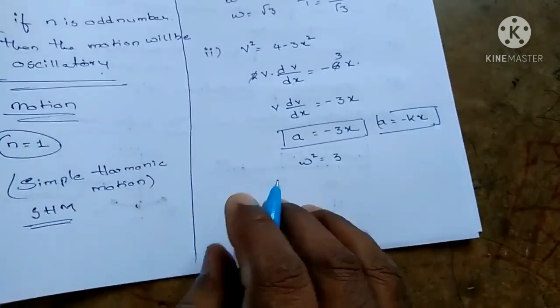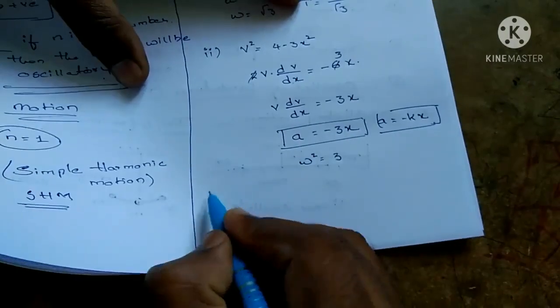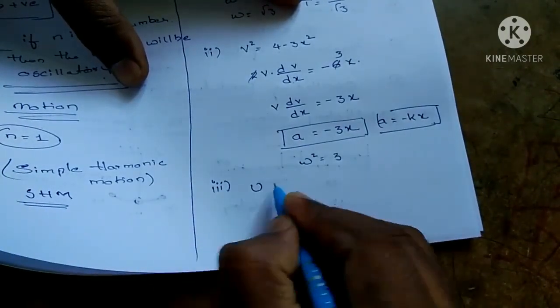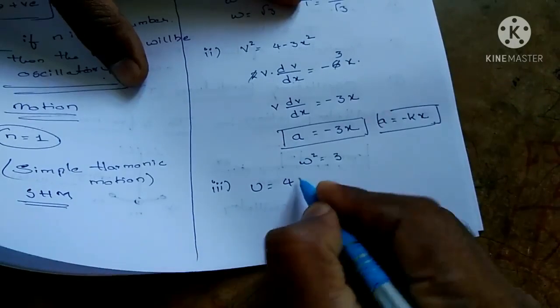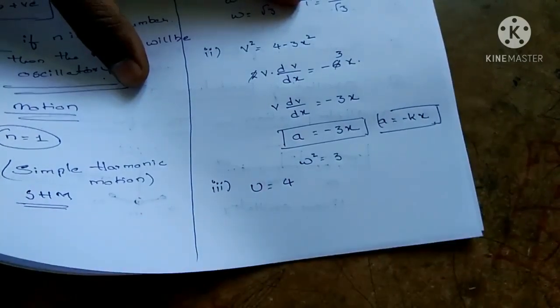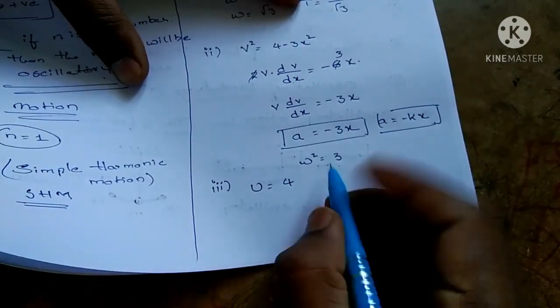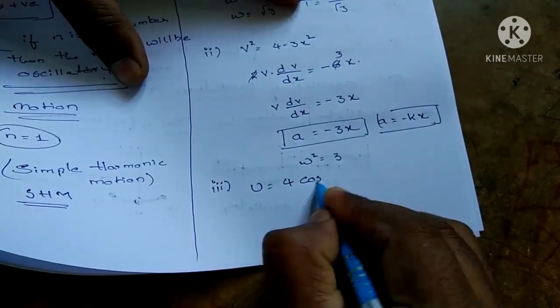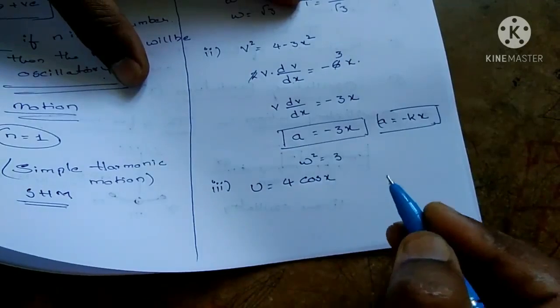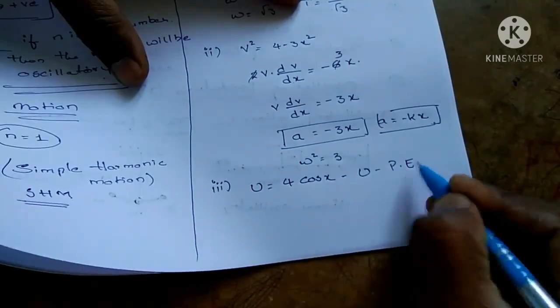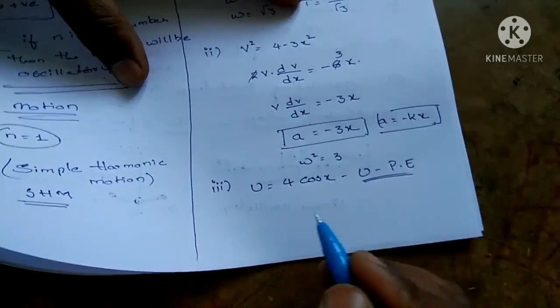Suppose you have another equation, the third one. You have an equation u is equal to 4 cos x, where u is potential energy.